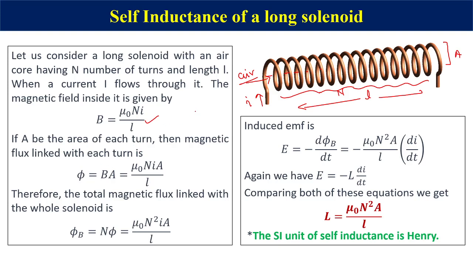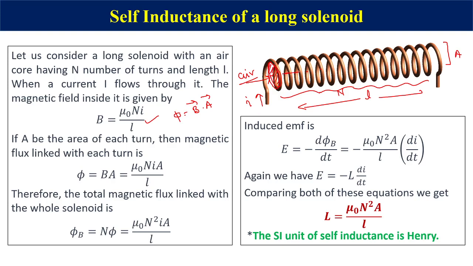Now, an important consideration is flux. Normally we know that flux is the dot product of B and A, but in this case I am not considering any dot product. Why? Because the direction of the magnetic field and the area vector are the same. I am considering one single loop, one single turn.